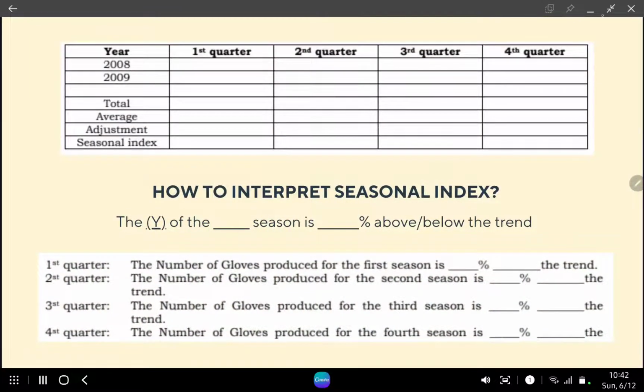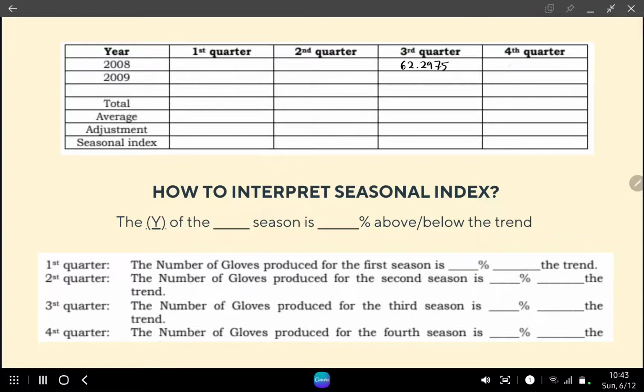Okay. So this is the continuation. Based on the seasonal variation values that we got in the previous table, for quarter 3 of 2008, the seasonal variation that we got is 62.2975.